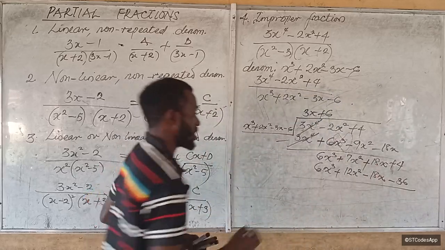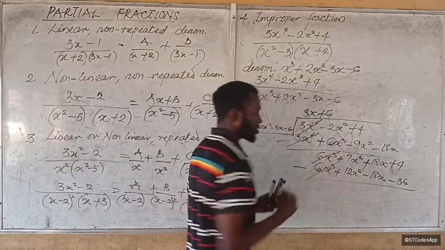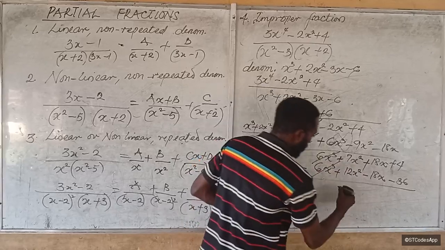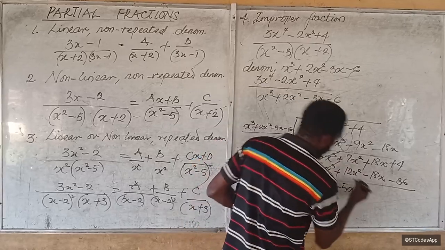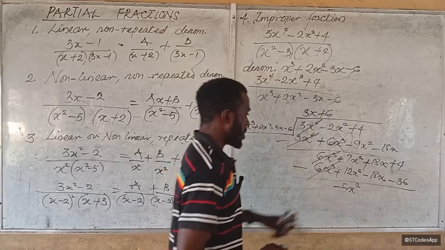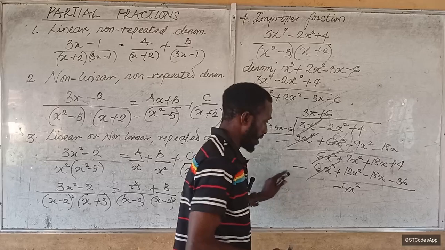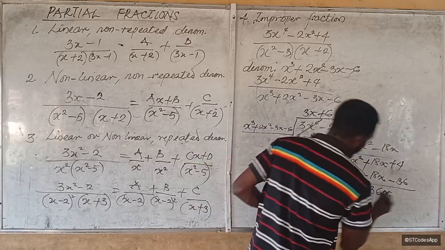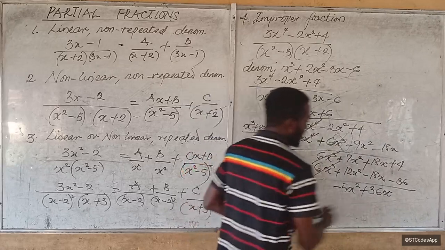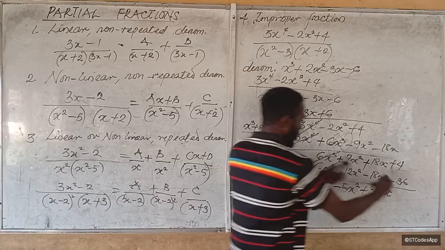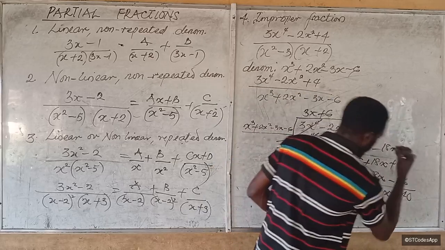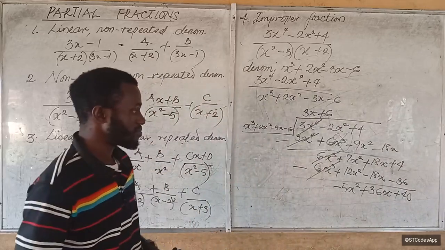Then you subtract again. So this takes care of this, 0. Then 7x squared minus 12x squared will give you minus 5x squared. Then plus 18x minus 18x, that'll be plus 36x. See, this one is sweet now. Plus 4 minus 36, that'll be minus 40.